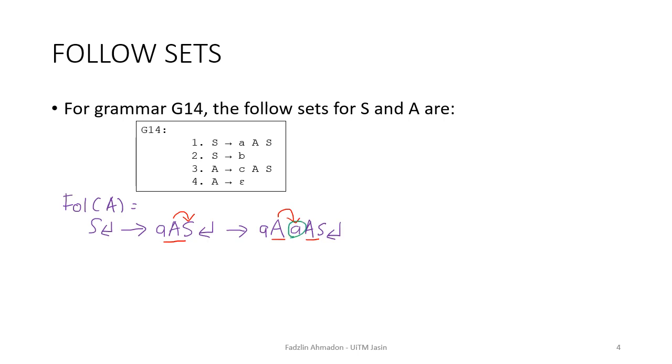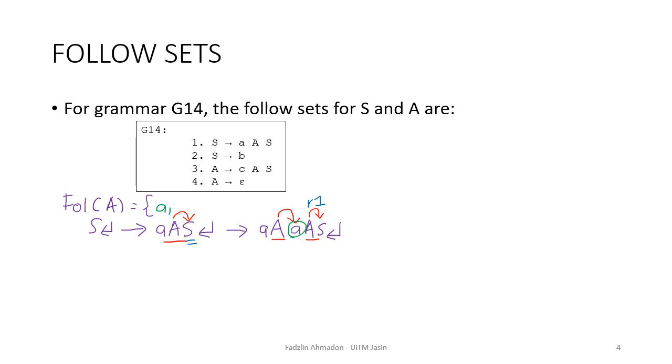Therefore, lowercase a belongs in the follow set of A, so I'm going to include a over here. And then right next to A is non-terminal S, so a non-terminal does not belong in the follow set. So this was replacing S with rule 1.